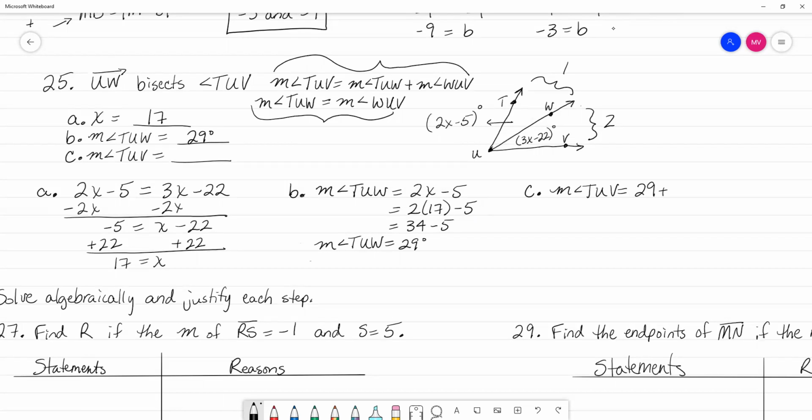And because we know that the two interior angles are equal, then it's just 29 degrees plus 29 degrees. We don't have to plug in 17 into 3x minus 22 because we're going to get 29. So 29 plus 29 is, I think, 58. Yeah, 58. So the measurement of angle TUV is 58 degrees.